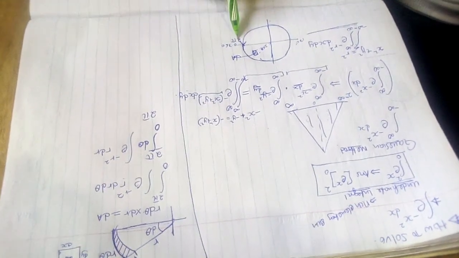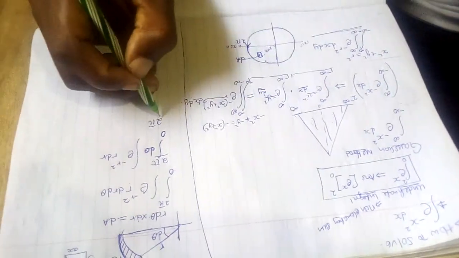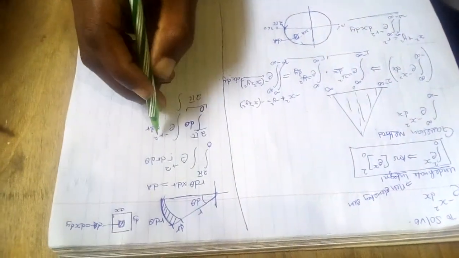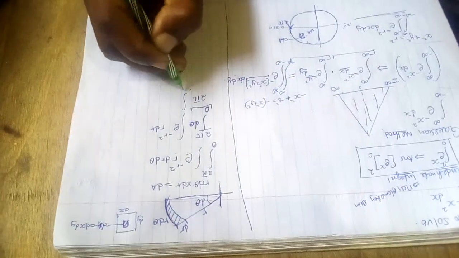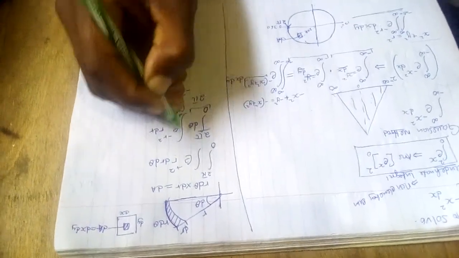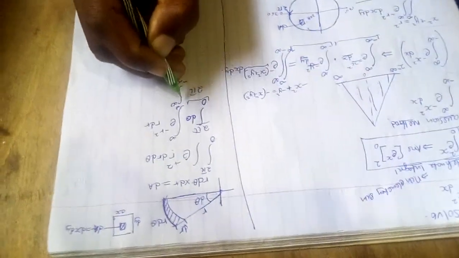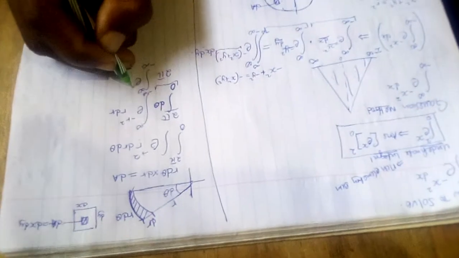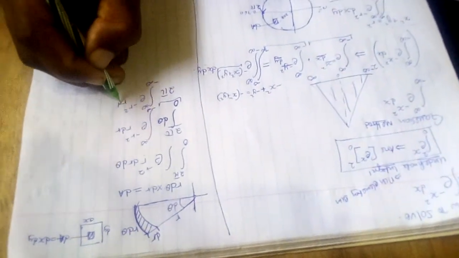So that is 2 pi, the distance is 2 pi. So this one will result to 2 pi. Then we will be left with the integral of exponential negative r squared r dr.